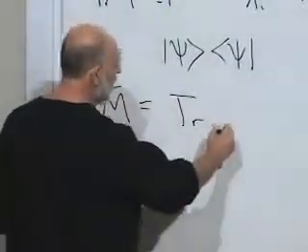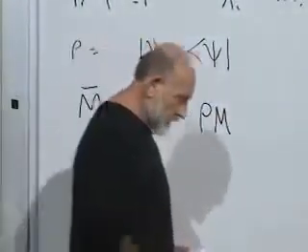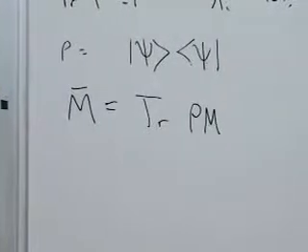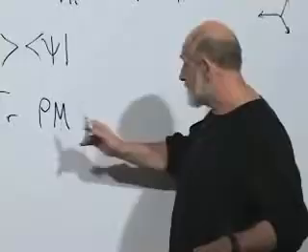And incidentally, it's not hard to prove that the trace of a product of two matrices, whether or not the matrices commute, doesn't depend on the order. So you can also write trace of M times rho, and it will make no difference. That's the average.